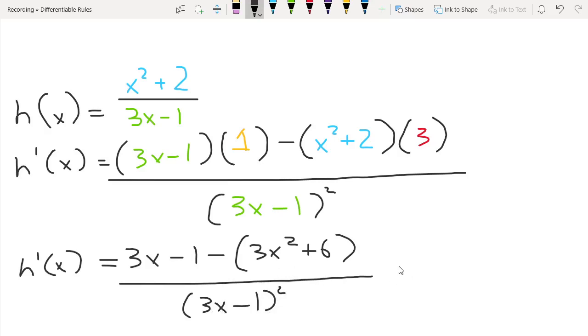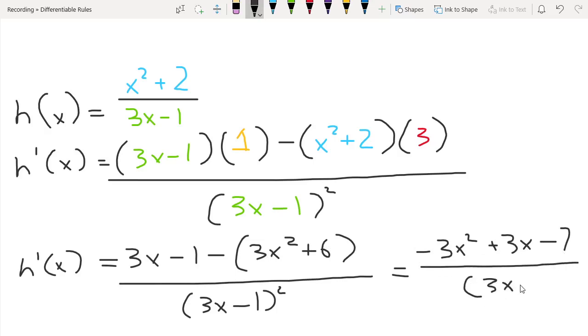And this up here can be rewritten as negative 3x squared plus 3x, and then it would be minus 7. And then we'll do 3x minus 1 squared for the denominator. So this right here should be the answer you get if you simplify it.